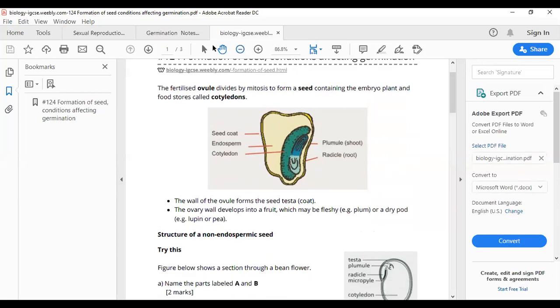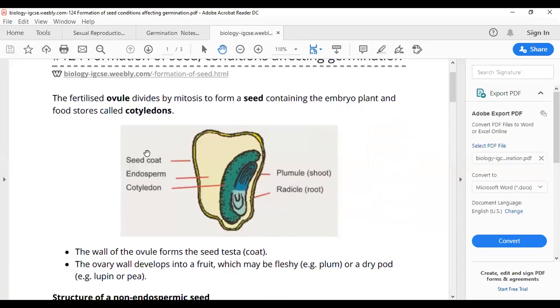So the main structure of a seed is as seen here. It would have a seed coat. Then inside of it, it will have food stores. So there would be an endosperm. Some seeds have an endosperm and some seeds have cotyledons. And both of these function to store food for the developing embryo.